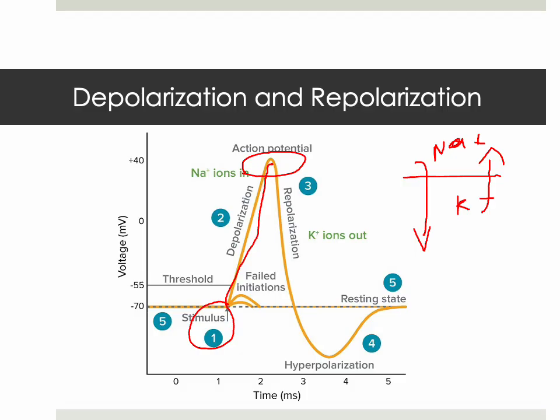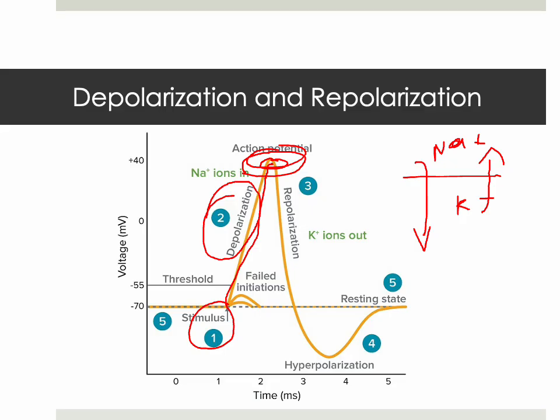Okay? So let's track back a little bit. The stimulus happens and it's high enough to reach an action potential, and it will be dependent on the amount of sodium going inside the cells. The action potential happens, and the depolarization happens, and then we need to go back to a resting state, right?